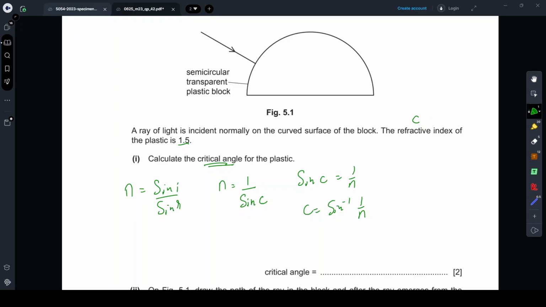Remember one thing, do not round it off until you get your desired answer, right? So you're not going to use 0.67, you're going to use 0.6666 on the calculator, and then you take a sine inverse of your answer on your calculator. And what is the angle you're getting?